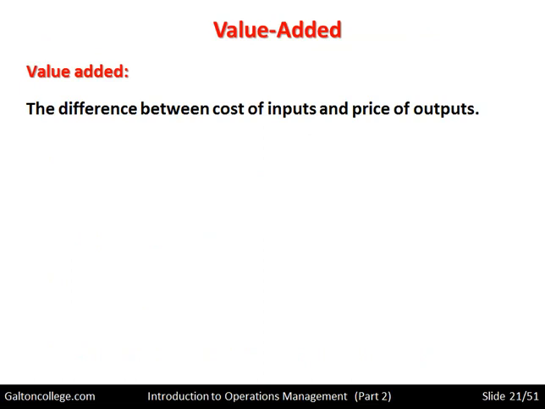The difference between the cost of inputs and the price of output is the value added, and that's really what the operations management team are trying to do. They're taking in inputs, which in many cases are just raw materials, semi-finished goods, components, but these products in themselves are not very valuable.